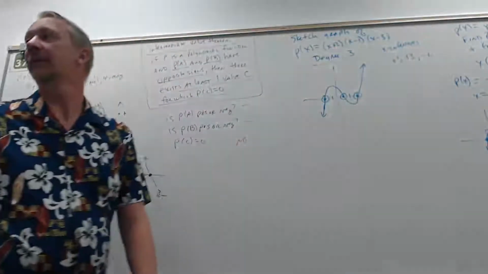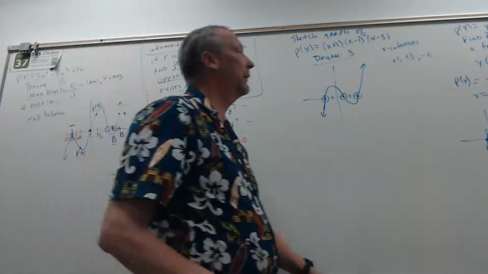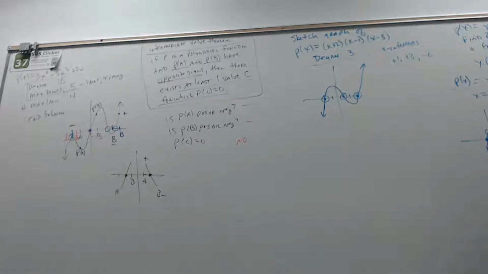So would you want the x-intercepts represented like x equals whatever numbers we find? Is it an acceptable final answer? If I'm asking for the zeros, yeah, that's fine.